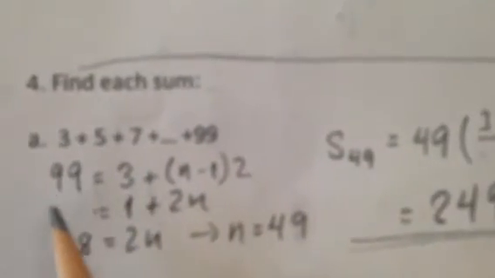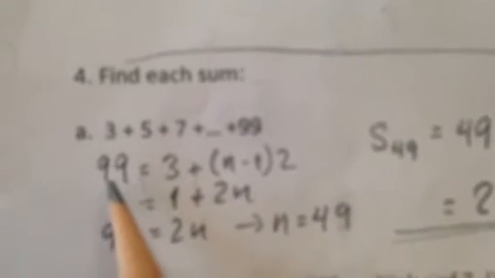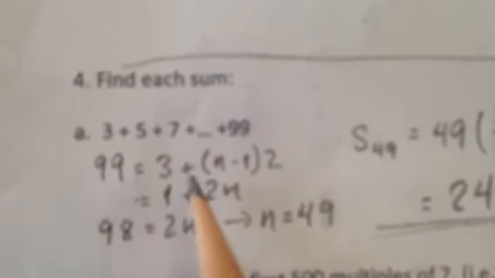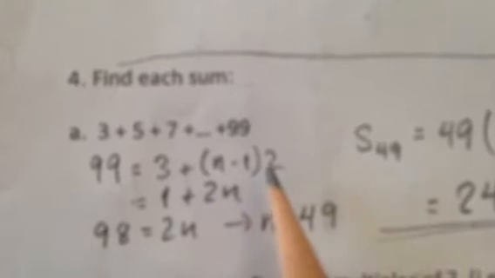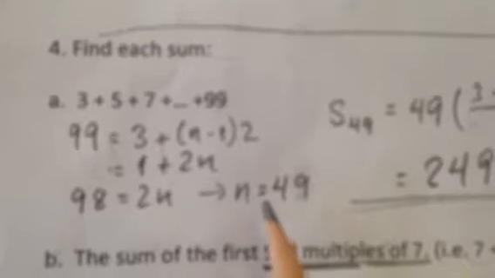My a sub n is 99. That's my last term. I just don't know what the n is for that term. So 99 equals 3 plus n minus 1 times d, which is 2. This whole equation gives me, when I work it out, n equals 49. So I've got 49 terms.